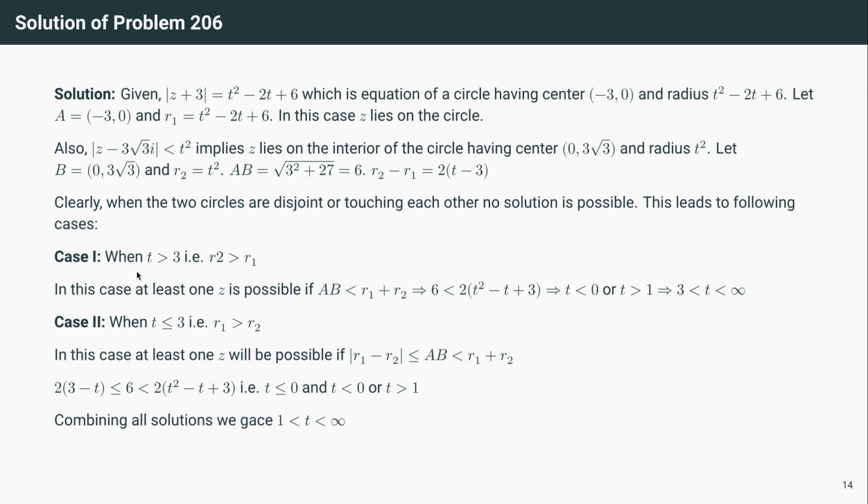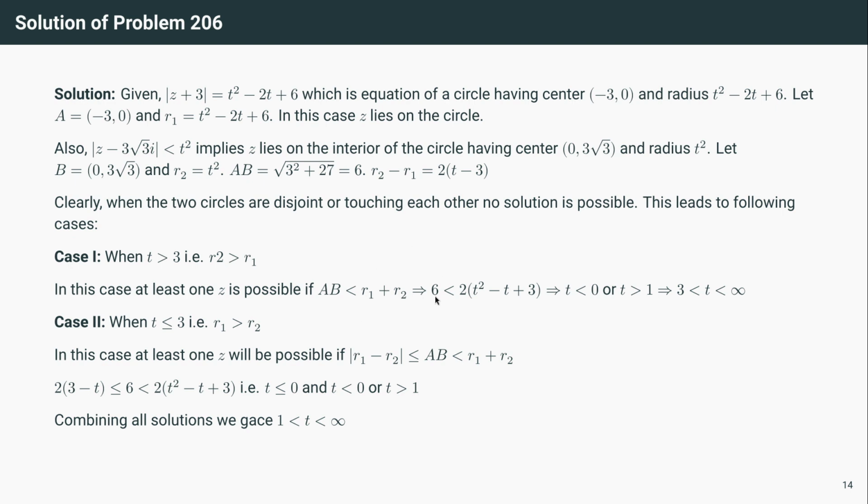So there are two possible cases. The first case is when t is greater than 3, that is, R2 is greater than R1. Here, if t is greater than 3, this will become a positive quantity. That means R2 is greater than R1. So in this case, z is possible if AB is less than R1 plus R2. So the distance between the centers A and B is less than the sum of the radii, that is, the two circles intersect.